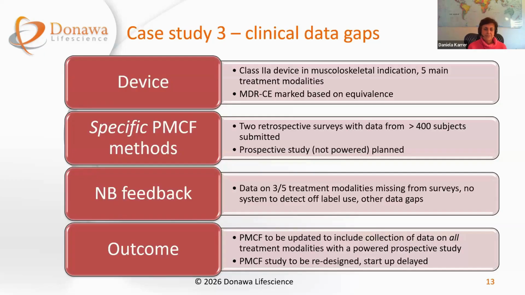The outcome was that the PMCF study, which had been planned, had to be redesigned. They had to do a powered study, powered referring to statistical power, with particular attention to off-label use. Startup was delayed, etc. This is still ongoing.